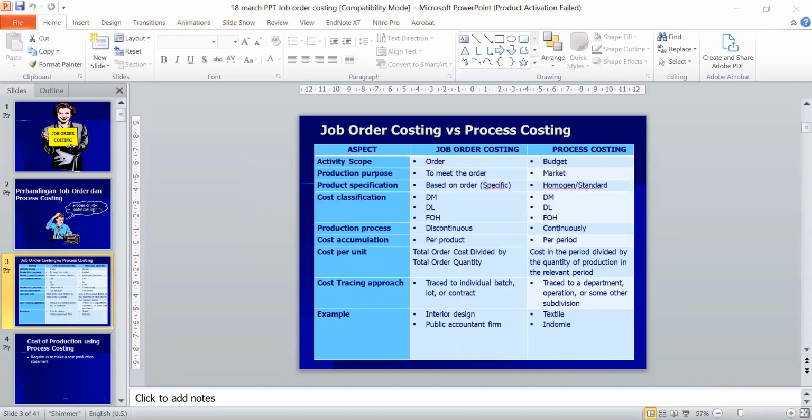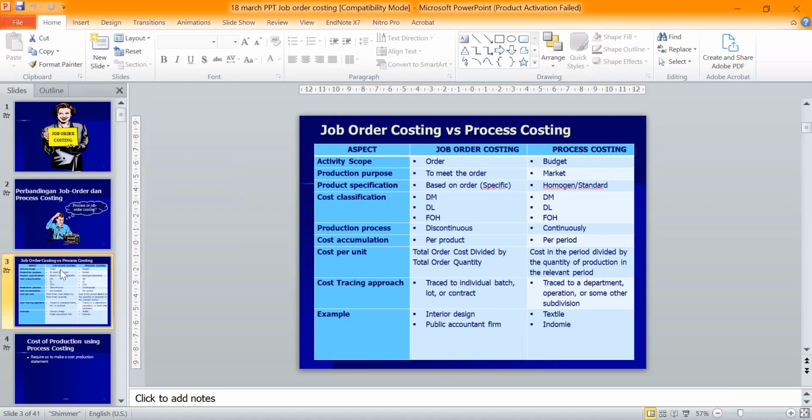For calculating the cost per unit, I think there is no big issue if we talk about job order costing, because to compute the cost per unit we literally just divide the total order cost, the total cost of production, by the total order quantity.